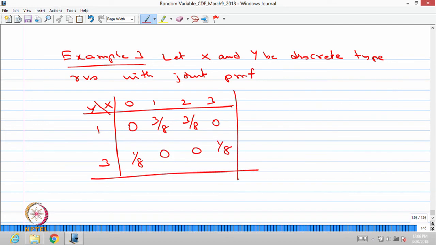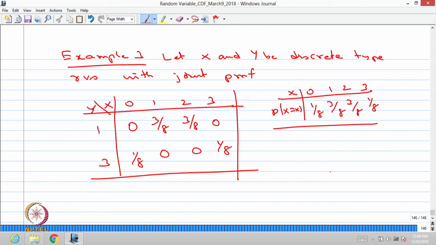And in that problem we got the marginal distributions of x and y also, if you recall. For the possible values of x, that is 0, 1, 2 and 3, the probability that x takes the value x is 1 by 8, 3 by 8, again 3 by 8 and 1 by 8.